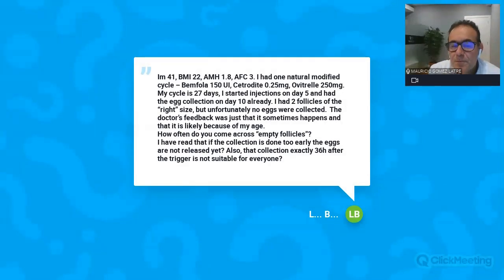Sometimes we have found that after the day of ovarian retrieval, we are not able to take eggs from these follicles that theoretically were ready, with the eggs. There are many hypotheses to justify this, but sometimes this empty follicle syndrome, that is difficult to give this diagnosis, with this case, may be due to the triggering.